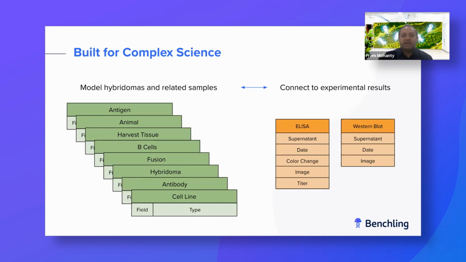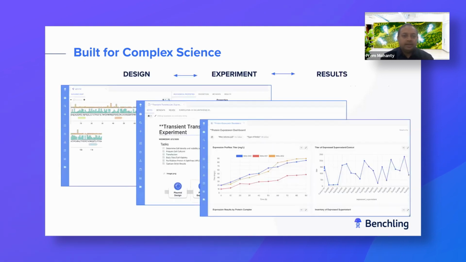When we think of preparing digital infrastructure for these kinds of challenges, we have to think about both the data management and structure as well as the operational considerations. The way that we think about this is to build applications that follow the operational workflows, from in silico design to experimental execution, but to make sure that the data capture flows into a structured data model.